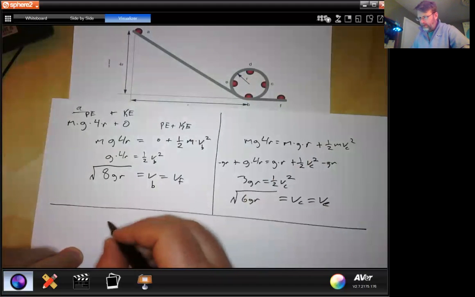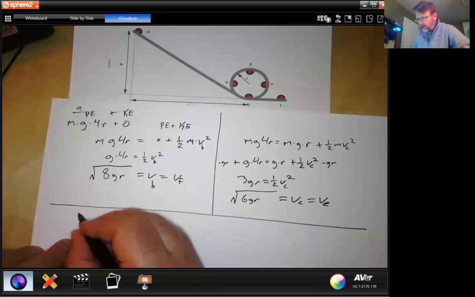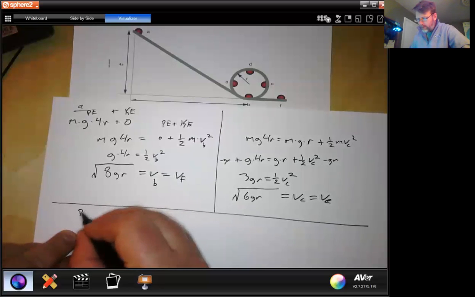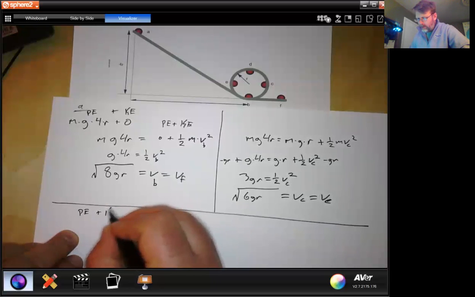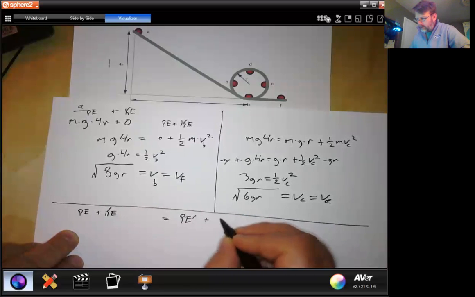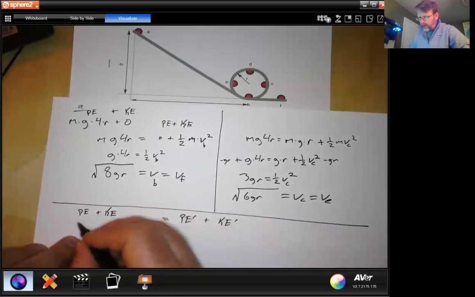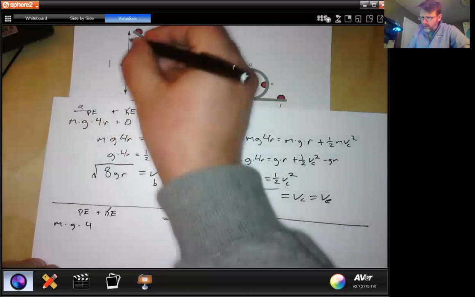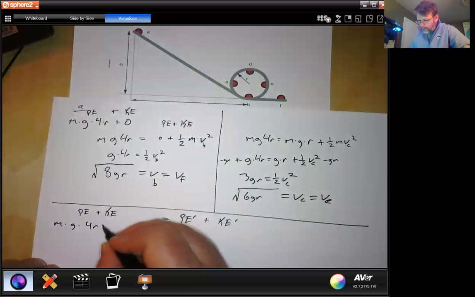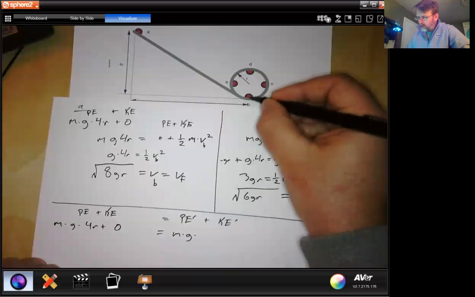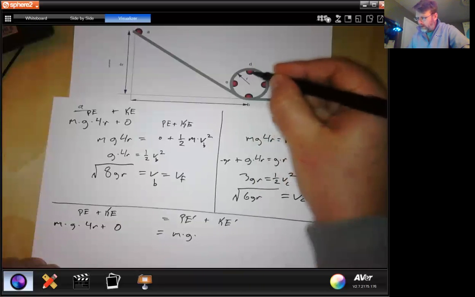Velocity at D. So again, let's set this one up and try to show all our steps here. So we have our potential energy plus our kinetic energy equals our potential energy final plus our kinetic energy final. So we had m times g times 4r plus 0 equals m times g times, now that's at the very top, so there's an r and an r.